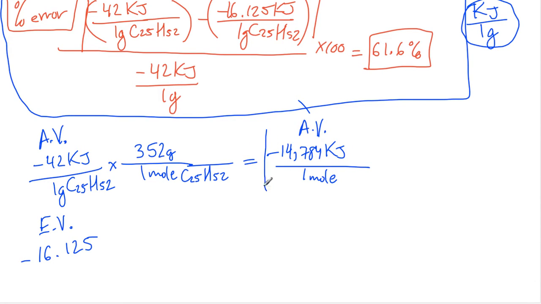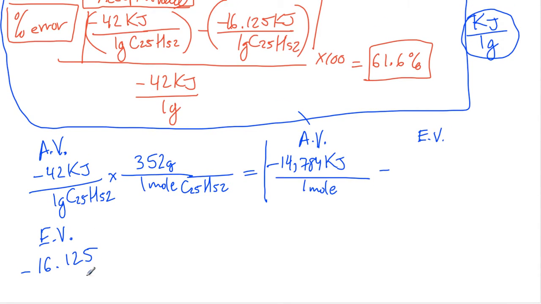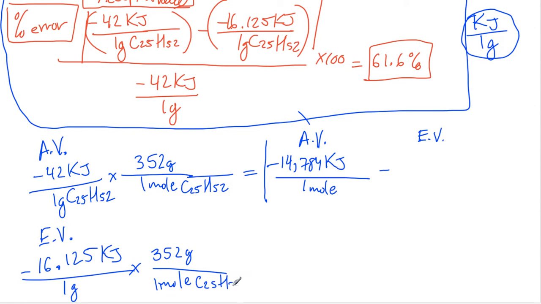And I'm going to take the absolute value difference of that number minus my experimental value, which we're going to find right here. So here I have the negative 16.125 kilojoules for every 1 gram, and multiply it the same way by 352 grams for every 1 mole of C25H52, and I get negative 5,676 kilojoules for every 1 mole.